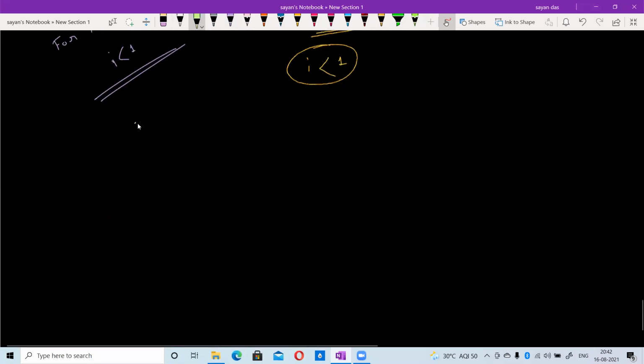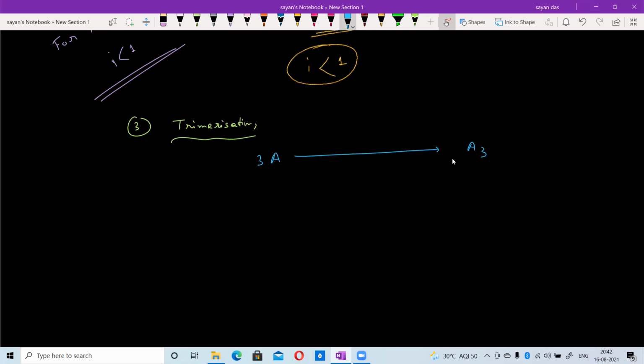Now this one is an example for dimerization. We are going to the trimerization. Now for trimerization you can write 3A forms a trimer A3. Okay. Now look. Again you can write at t equals 0, this one is A, this one is 0. At t equals t, this value becomes A minus A alpha.